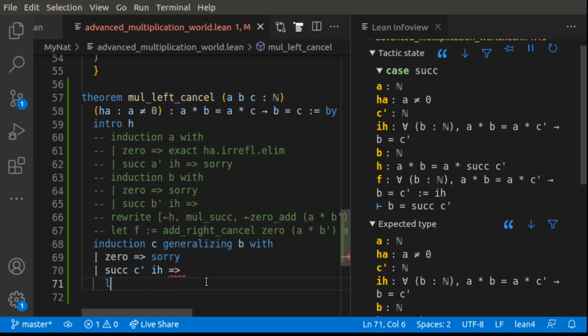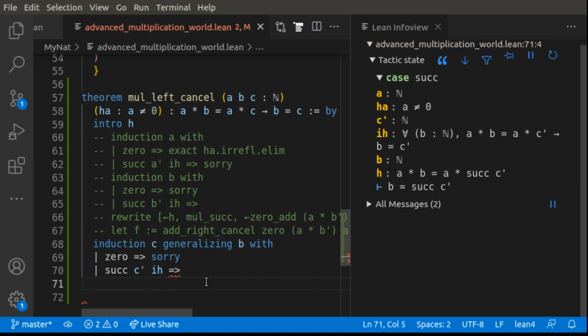Let me think about this a little bit more, and I might switch to also trying out an induction on B as well. Okay, so for any B that we pass in, A times B prime, B times C. Yeah, kind of like wish we had a successor on C, not a successor around B.